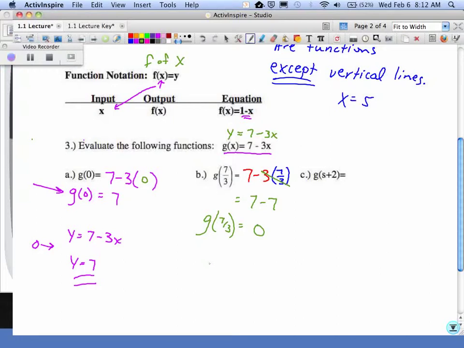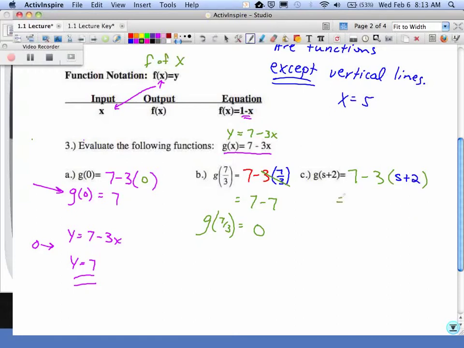We can actually take equations in the next one and plug those into the function. So you guys would have done that back in Algebra 2 with compositions, we call them. You might have had function f and function g, and somebody said do a composition. You actually took the whole equation and dropped it into the other equation. So s plus 2, this would look like 7 minus 3. And what's going in for x this time? S plus 2.